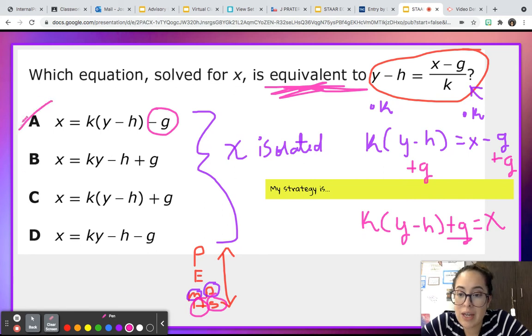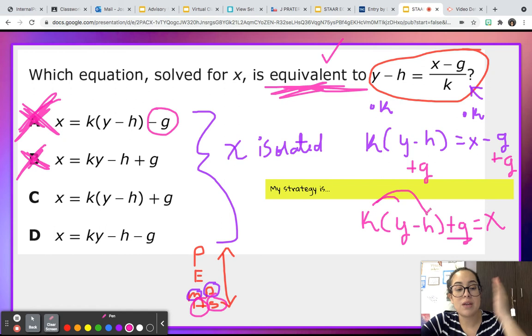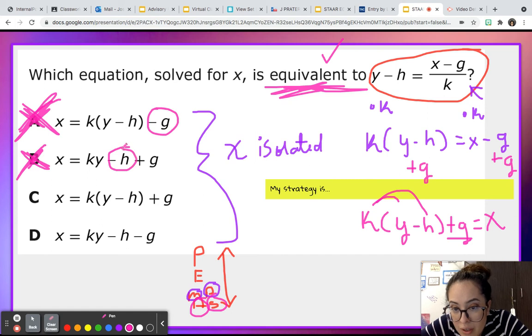So even though A looks kind of like my expression, it was not equivalent, it was not exact. B cannot be it, because if you were to distribute k, it would be ky minus kh, and that distribution did not happen here. So this is not even anything close to it.